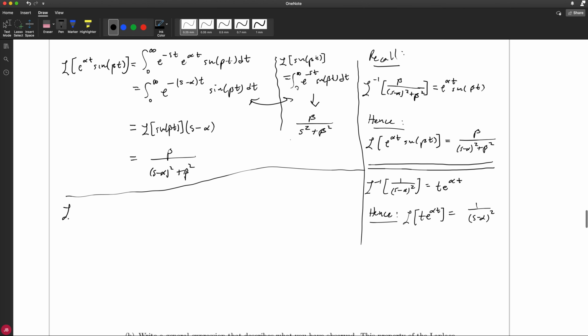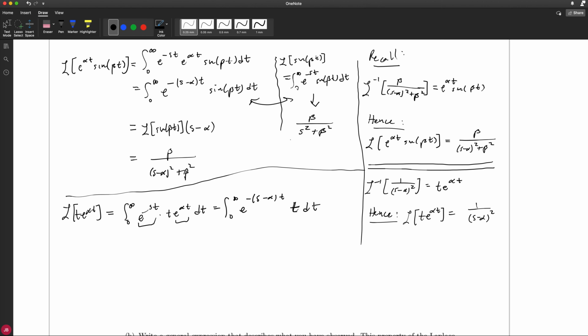So the Laplace transform of t e to the alpha t, by definition, is the integral 0 to infinity of e to the minus st times t e to the alpha t dt. Well, I think you can see I'm going to do the same thing. This is the integral 0 to infinity of e to the minus s minus alpha in parentheses times t dt.